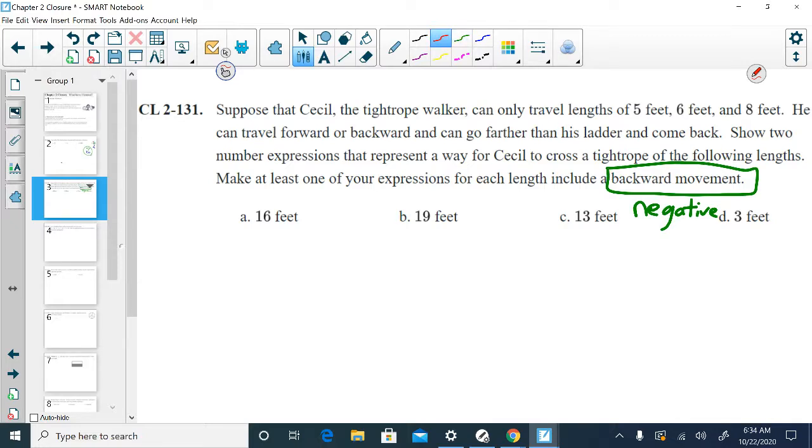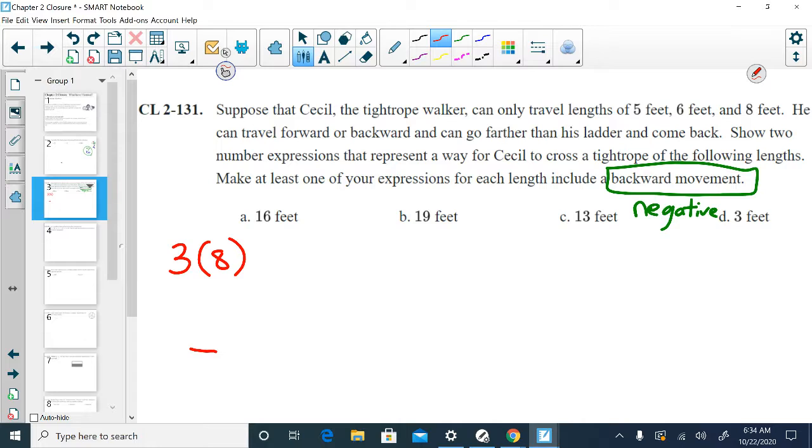And I'm going to say, all right, we're going to tell Cecil to make 3 moves to start. And in each of those moves, we're going to tell him to go 8 feet. All right? This is just a simpler way of writing 8 plus 8 plus 8. So I'm going to tell him to go 8 feet 3 times. So there's my multiplication to start. And now I need to throw in my addition.